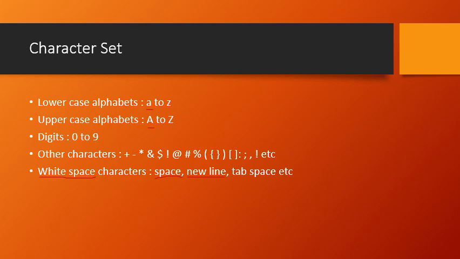So enter is also another character. Basically, these white space characters are space, new line, and tab. There is one more key called tab on the keyboard. When you press it, certain horizontal spaces are taken and empty spaces are printed. All these make up the character set of C.